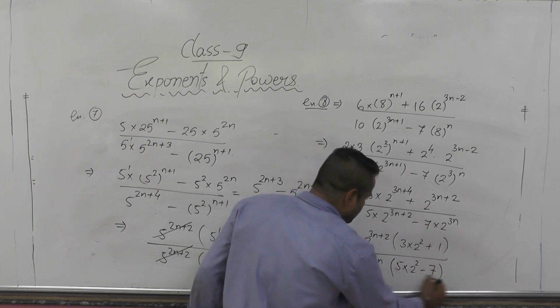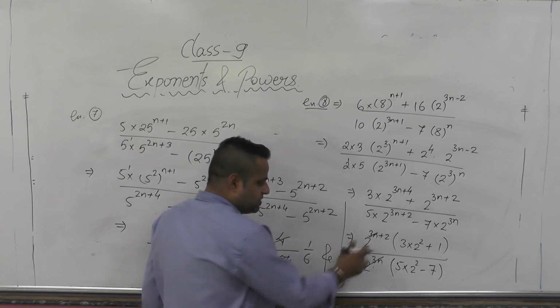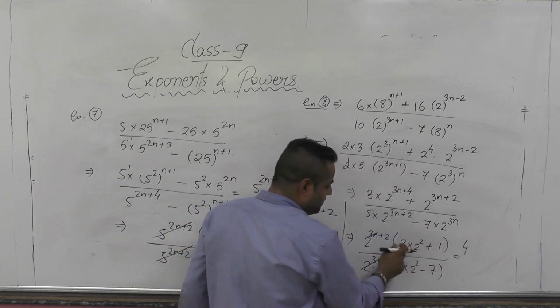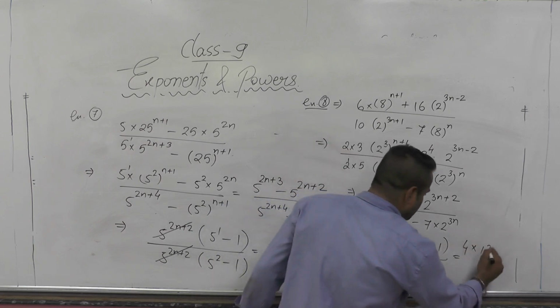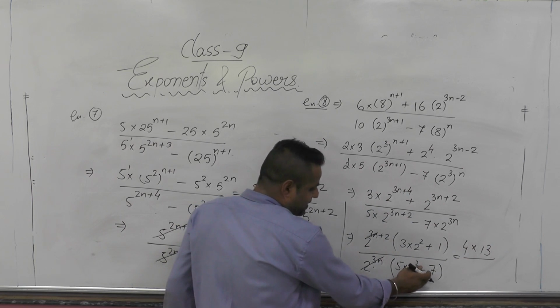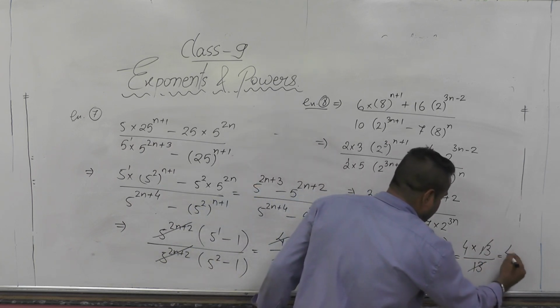Here 7 will only remain. This 3n power will get cancelled with this 3n. 2 to the power 2 becomes 4. Here 2 twos are 4, 3 fours are 12 and 1 is 13, and in the denominator 5 fours are 20 minus 7 is also 13, which is cancelled by this 13 and it results in 4.